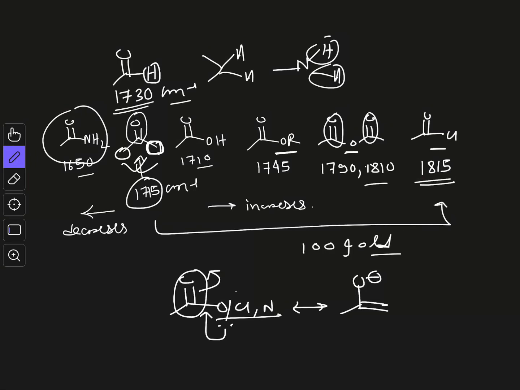I am using OR as a model example. So you will have this, and the resonating structure will look like this: here you have plus, here you have minus. So this is the resonating structure. You can see that by this conjugation, this carbonyl group is losing its double bond character.